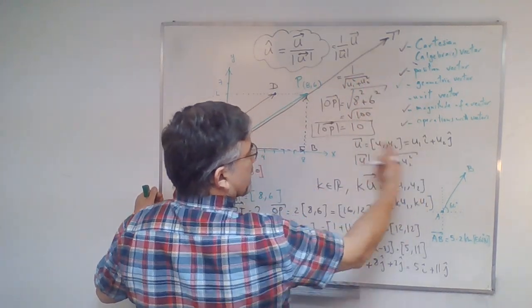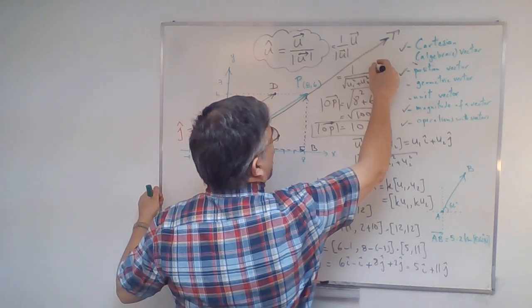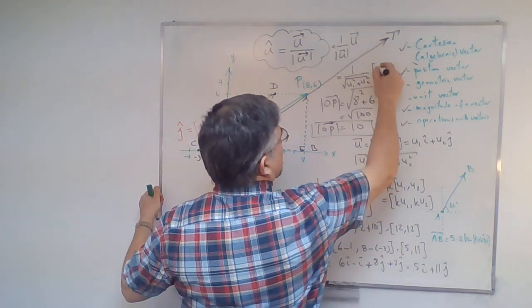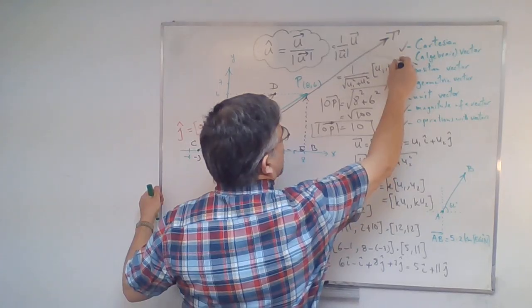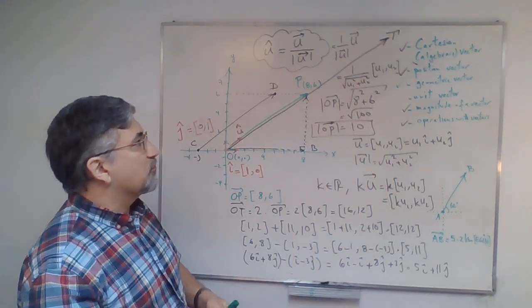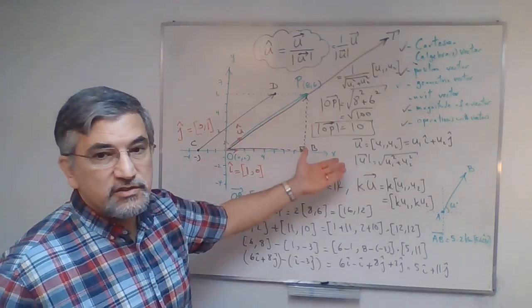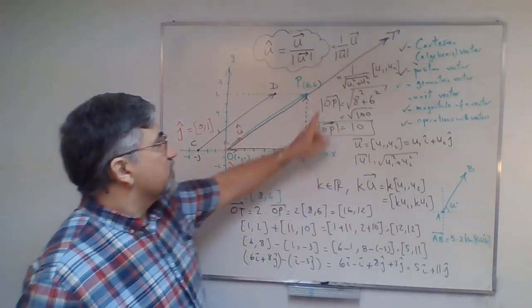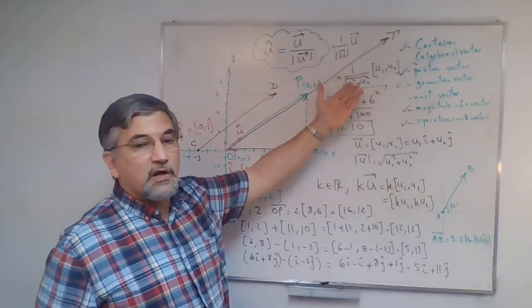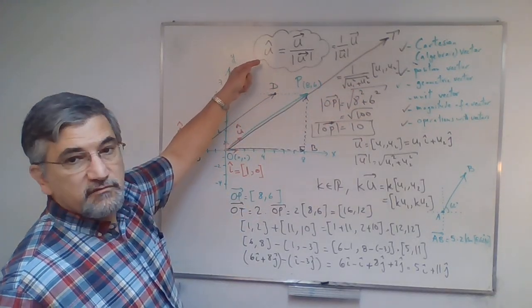That was the magnitude of the vector. And then times the vector u1 comma u2 itself. So you can write it in a variety of forms basically, but formulas don't change, the concepts do not change. All right. So this would be a formula for the unit vector along a given vector.